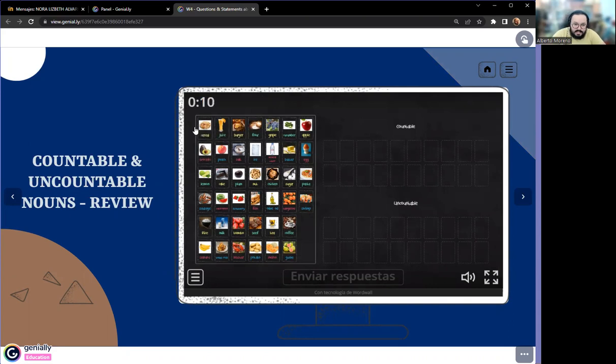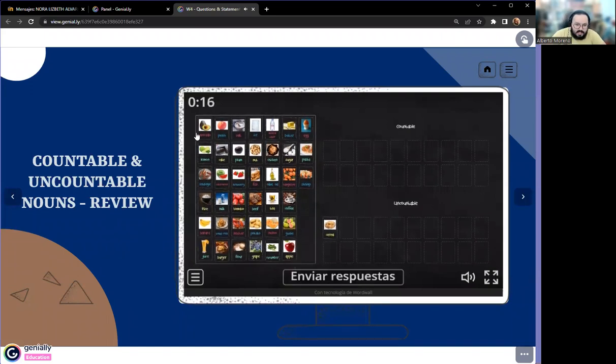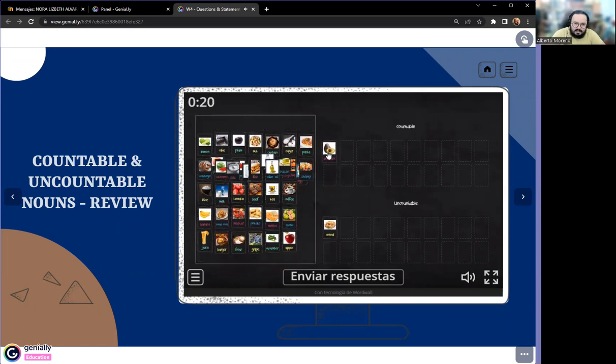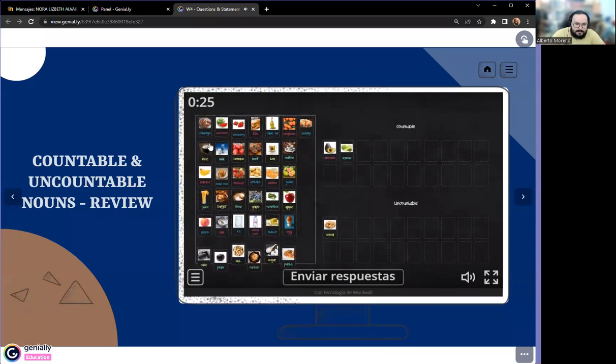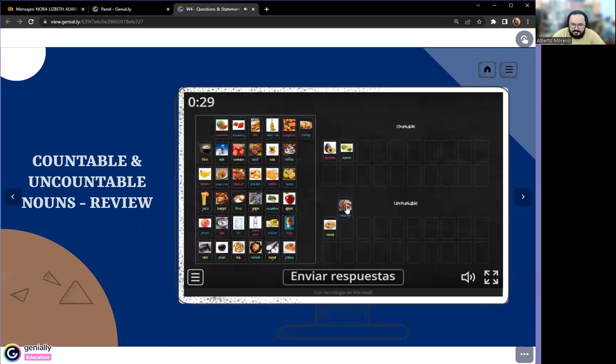El primero que tenemos es cereal. Cereal, countable or uncountable? Uncountable. And then we have avocado. Countable. Lemon. Countable. Sausage.